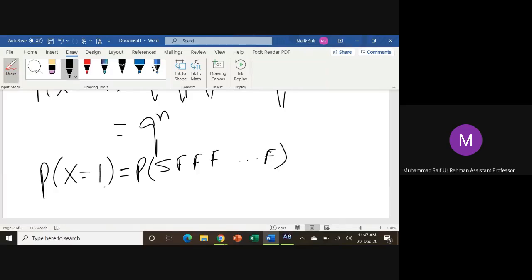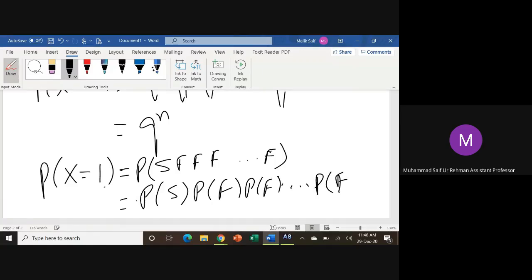If there are n trials, out of n trials there is only one success. It means n minus 1 are failures, and only one success, S, is there. If events are independent, then you can write probability of S multiplied by probability of F multiplied by probability of F, and so on. The final term will be the probability of F, failure.